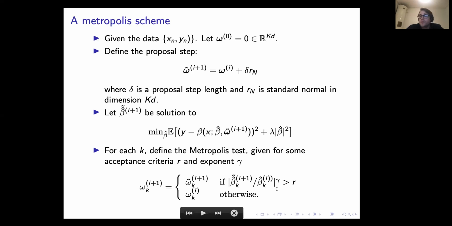The way to think about this test is that if the new proposed beta is large, we think that there's a lot of value to be found for that corresponding frequency set. So we accept it with a high probability. And if it's small, then we typically reject it.